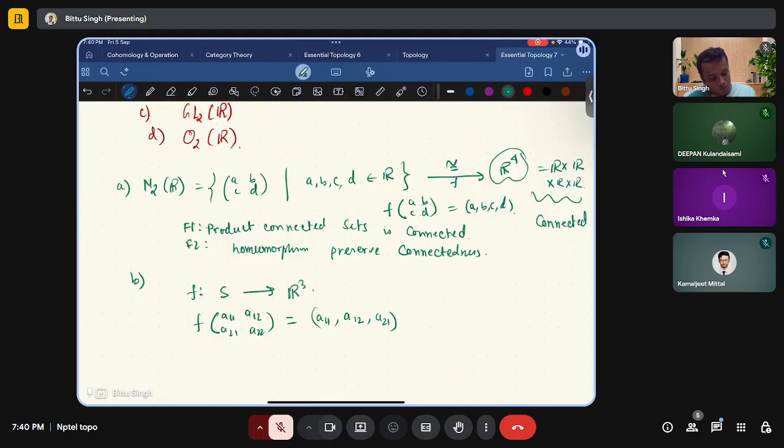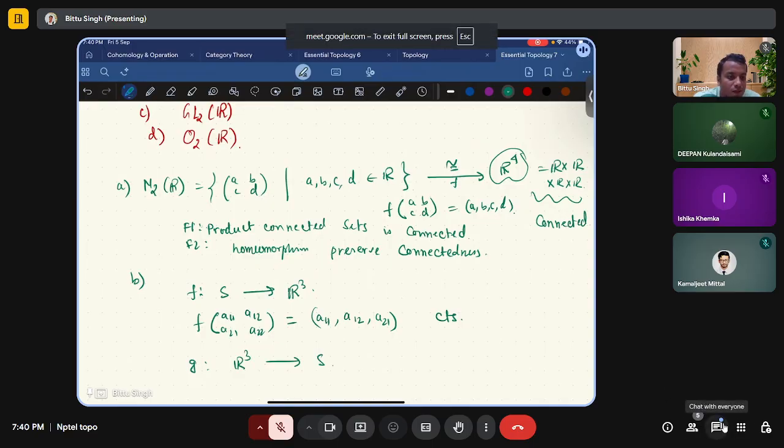Why? Can you write the inverse map? For example, this is continuous. It should be again clear. Now, can you write G in the reverse direction, R3 to S? What is the map in the reverse direction?